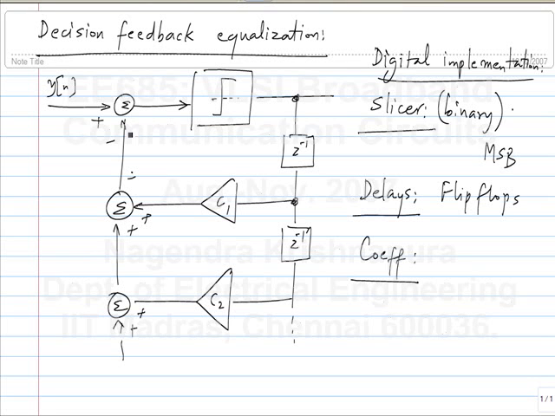You need to either select plus or minus. Okay, so it is a multiplier. It is multiplying this quantity y hat of n minus 1 with C1. But y hat of n minus 1 has a limited number of possibilities. In the binary case, it has only 2 possibilities. So using the binary values, you select either C1 or minus C1. Okay. So essentially, this is not a full-blown multiplier. You don't need to do that. Especially in the binary case, it's a selector.